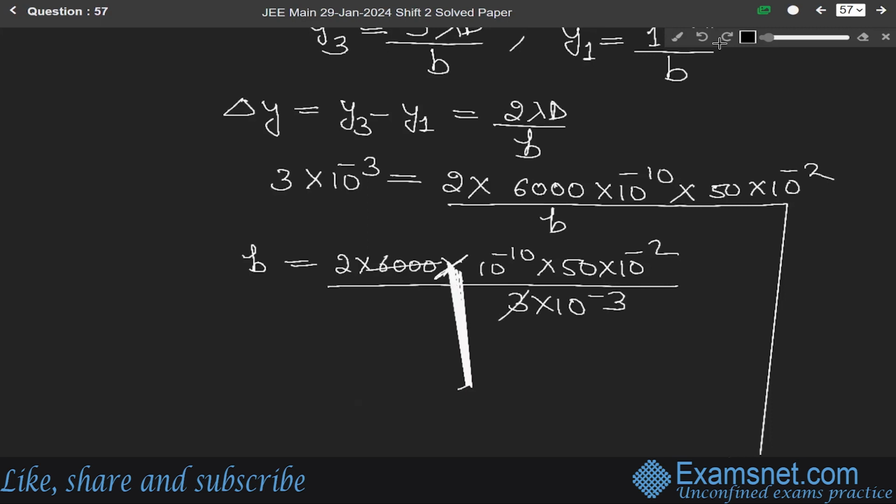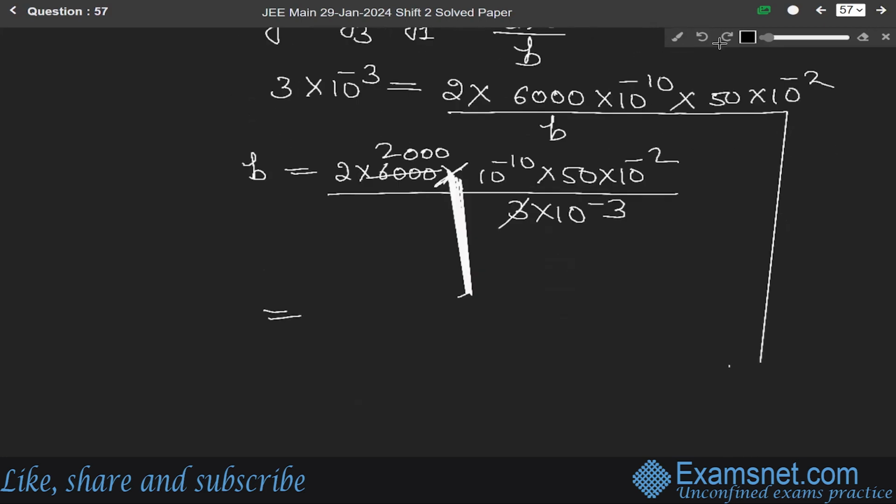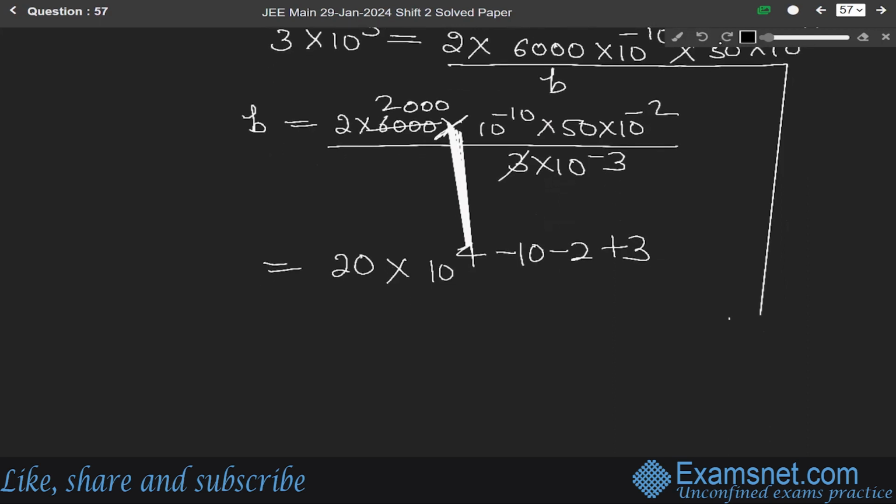Solving it, we get 2 into 10 to the power minus 4.